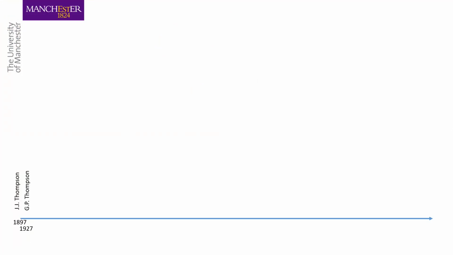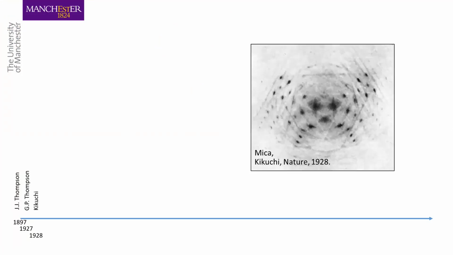It was Kikuchi, the year after, and G.P. Thomson that actually explained what the pattern was about, and he presented this in a Nature paper in 1928, showing a pattern from mica, a mineral.